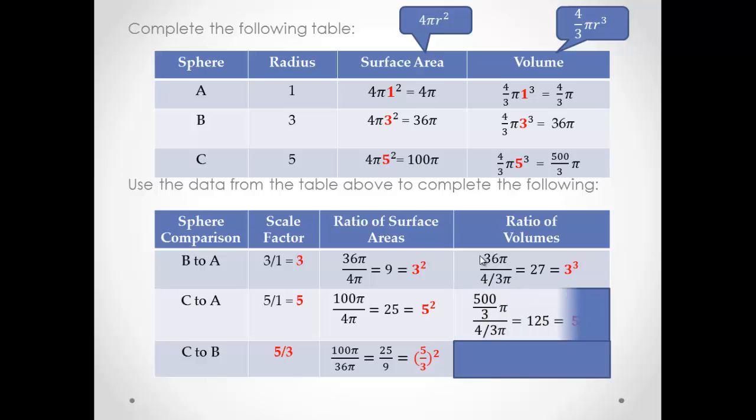We should see the same thing as we move along, and you could do the math if you wanted to. It will simplify to 125, and 125 is 5 cubed, which is a scale factor cubed. And the very last one, again, this simplifies to 125 over 27, which is our scale factor cubed again.